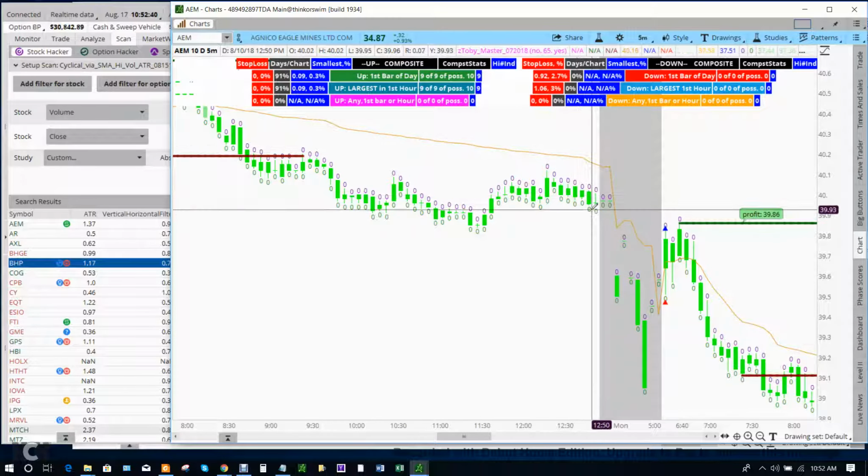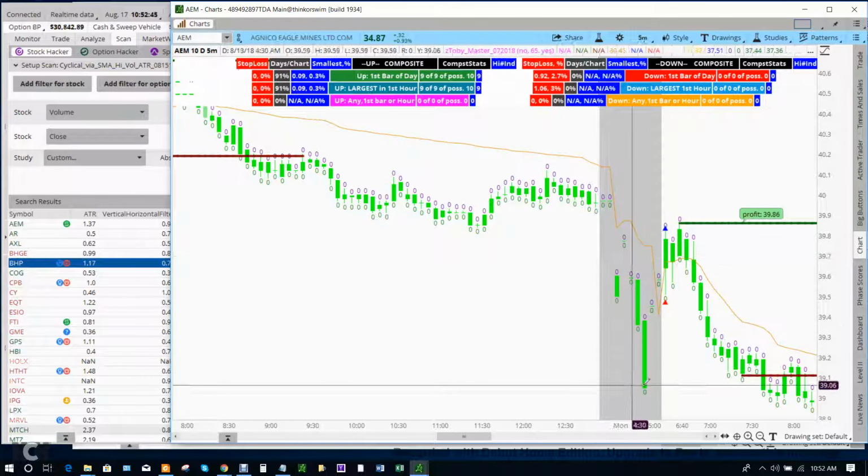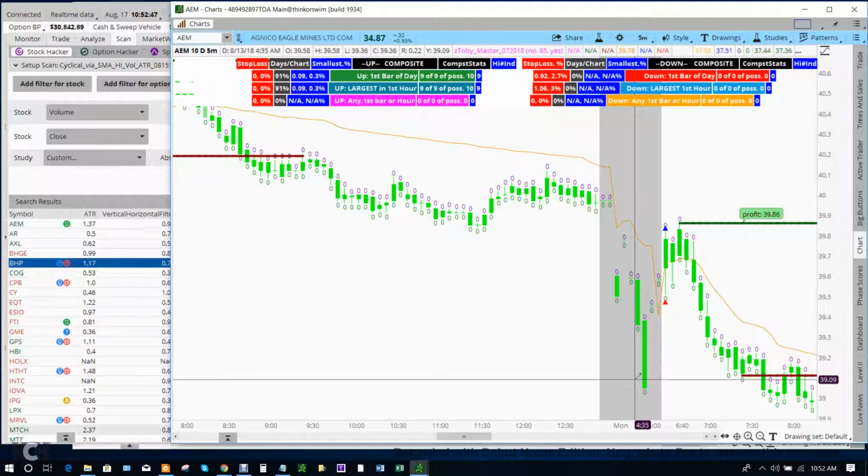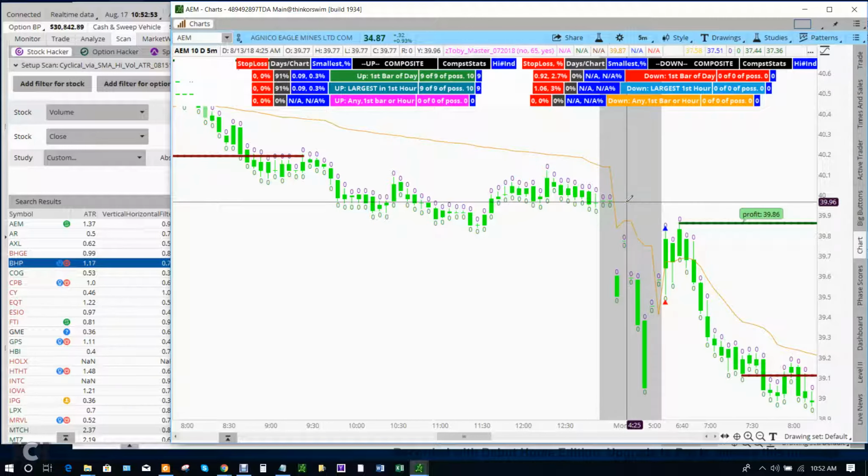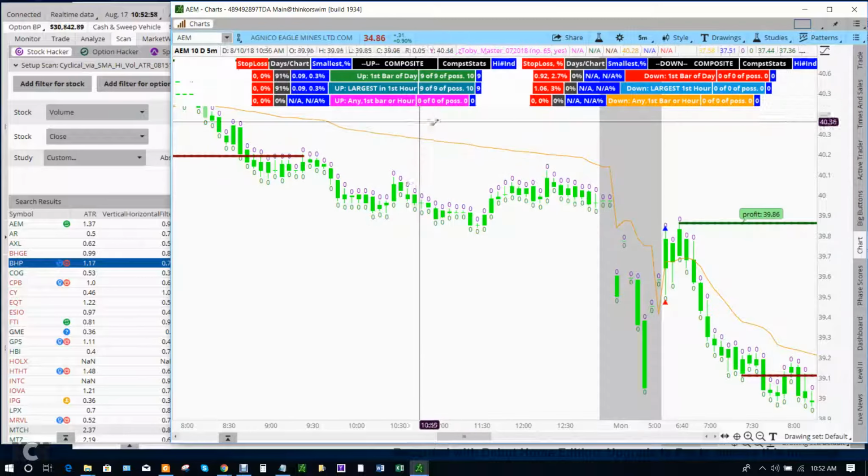Because if you put in a short here, and then you put a limit at the date, if it's here, it just stinks. So that's why it's so important at this stat.